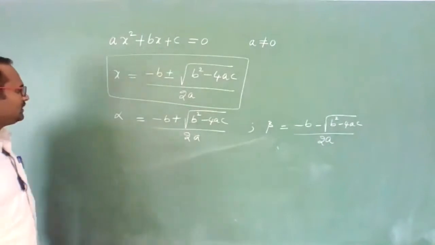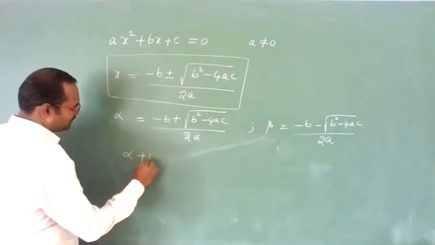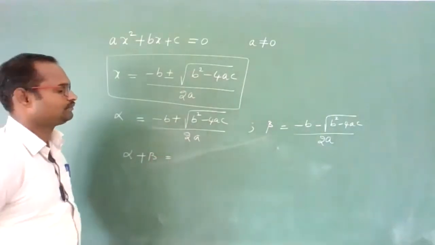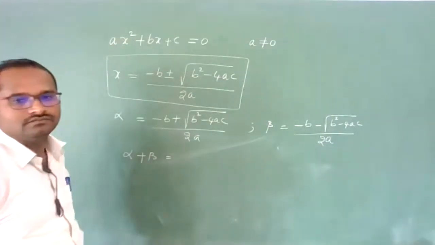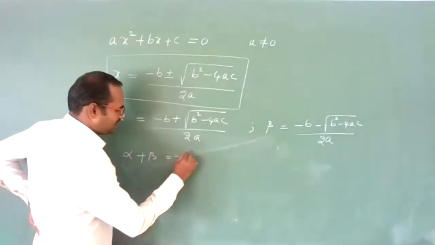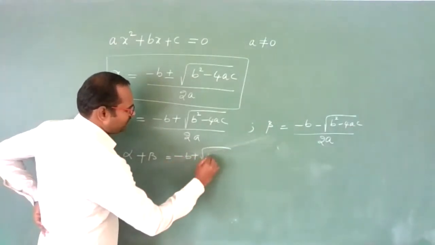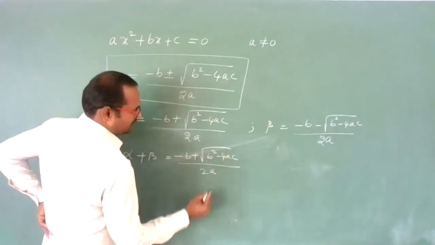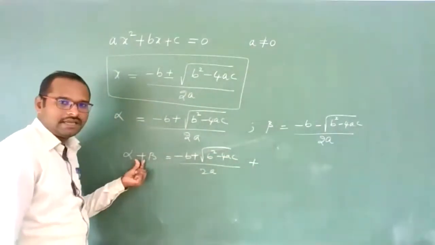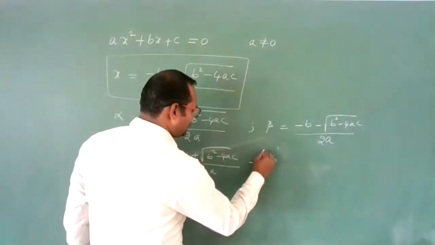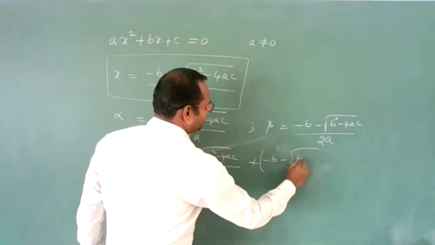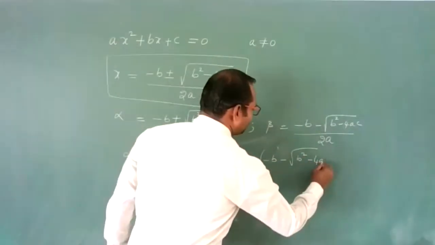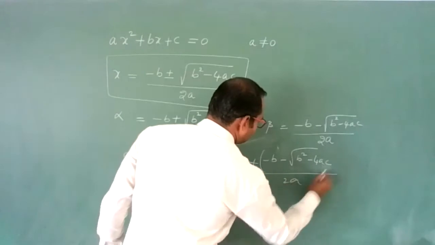Okay. Now, if you add the two roots, alpha plus beta, what will you get? Add these two. I am adding minus b plus root of b square minus 4ac by 2a, plus the second root, minus b minus root of b square minus 4ac by 2a.